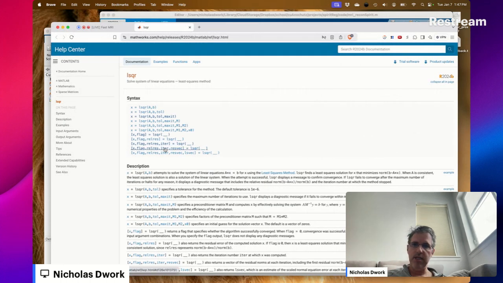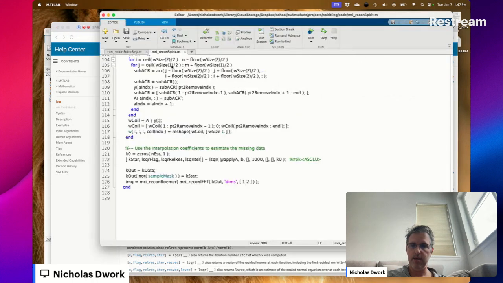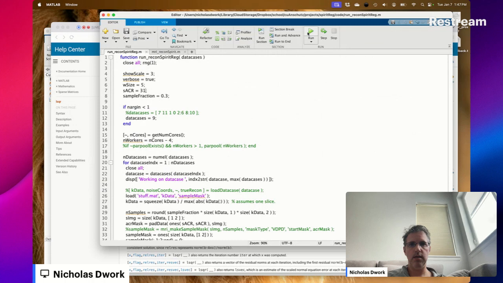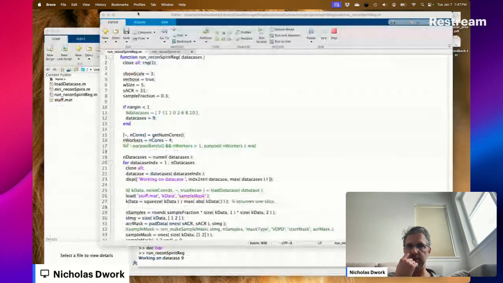Flag, relative res, iter, and resvec. LSQR iter, LSQR resvec. Let's put this at 1,000. Let's just see what the residual values are looking like for each iteration.